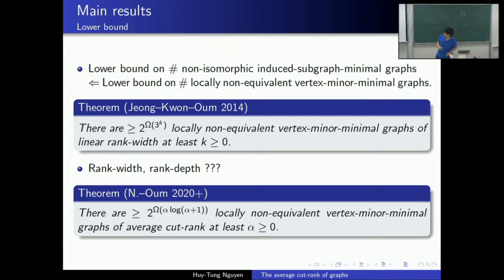And myself and Professor Oum in 2020 found that there are at least this function of locally non-equivalent vertex-minor-minimal graphs of average cut rank at least alpha. And I put alpha plus 1 here because alpha might be in 0 to 1.